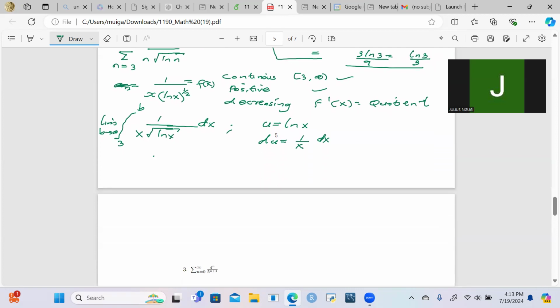So which becomes the limit as b approaches infinity of the integral. Now, these limits will change using this change of variable. So on the lower limit, where you have x, you put 3, so you have ln of 3. And here you have ln of b. And then dx over x, it's this one.